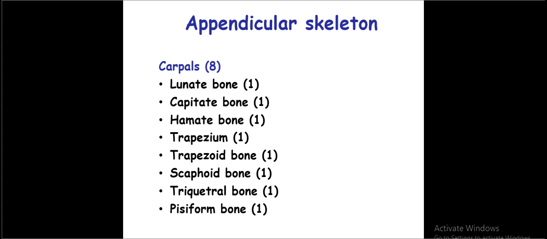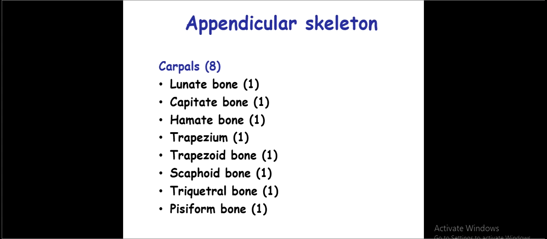In the arms we discuss the carpal bones, which are 8 in number. Here are the names of the 8 carpal bones. The first one is lunate bone, capitate bone, hamate bone, trapezium, trapezoid, scaphoid, triquetral and pisiform.